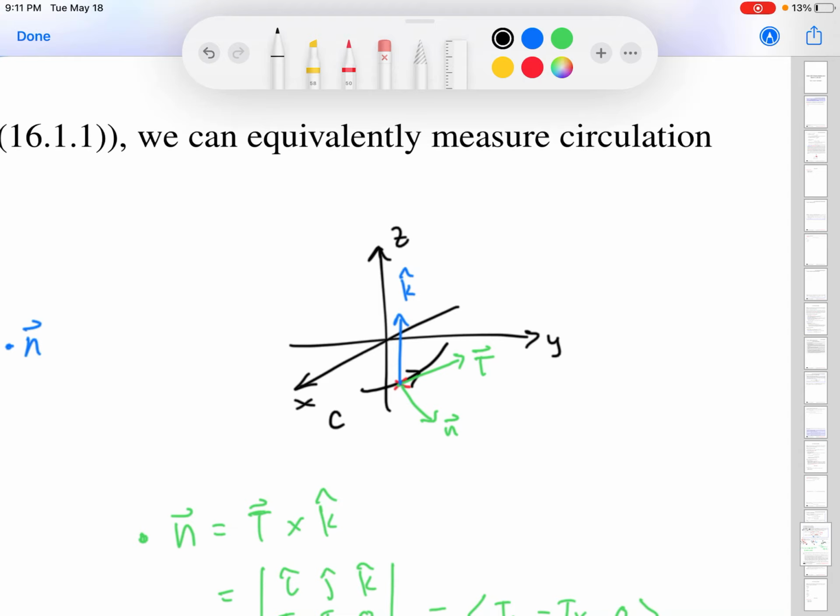The picture I've drawn here is intended to relate the normal vector to the tangent vector and to the vector k hat, the third standard unit vector. You can see from the way I've drawn everything that the normal vector is the tangent vector cross k hat, applying the right-hand rule.